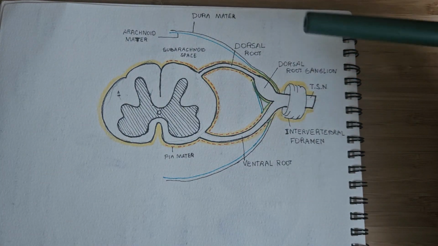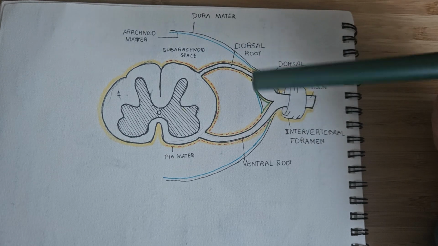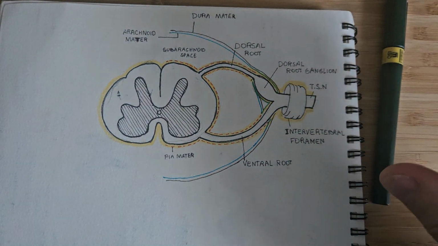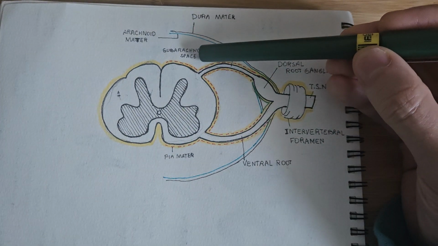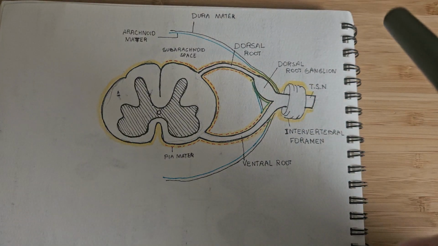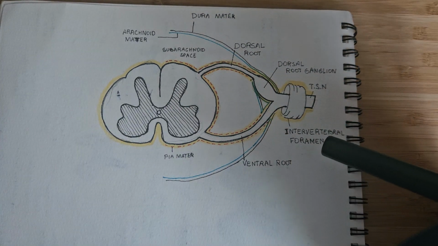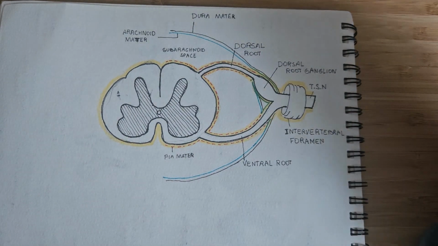Now the arachnoid mater, this one in blue, is the middle layer of the meninges, and is separated from the pia mater by the subarachnoid space, which is here. Okay, the arachnoid mater is avascular, have this in mind.